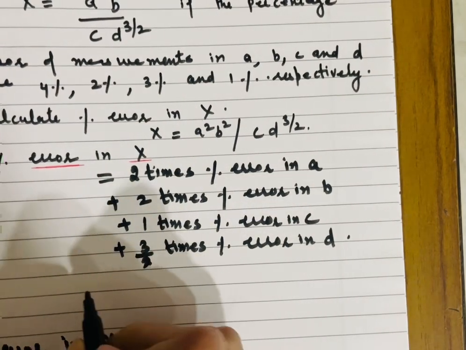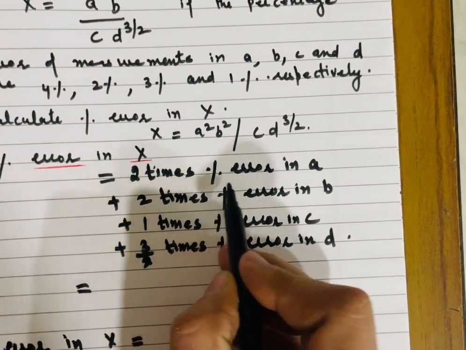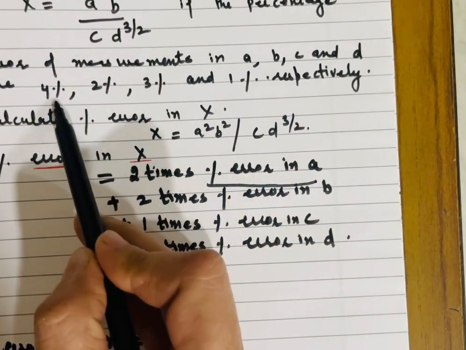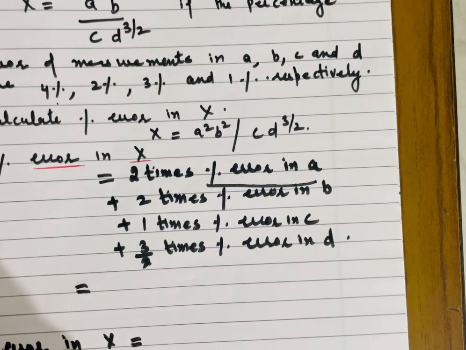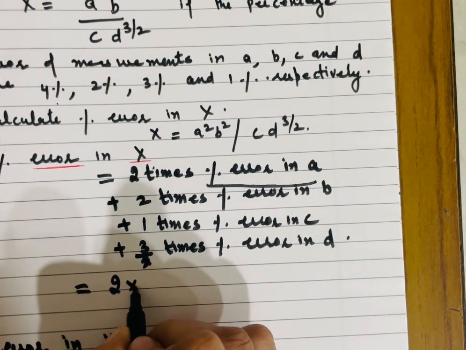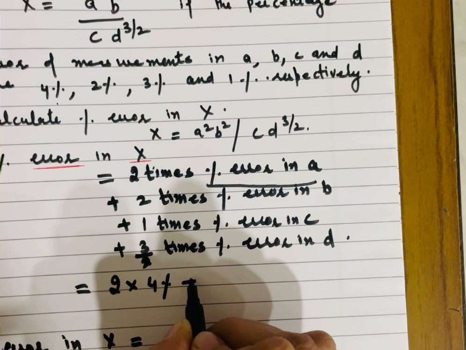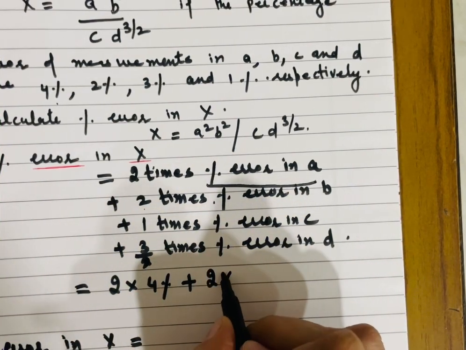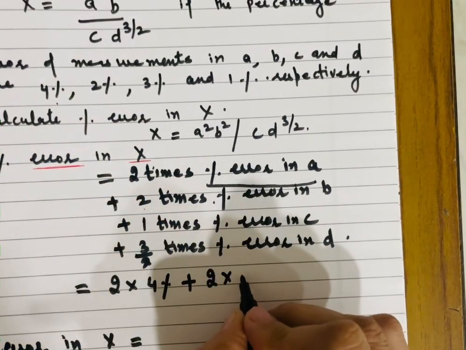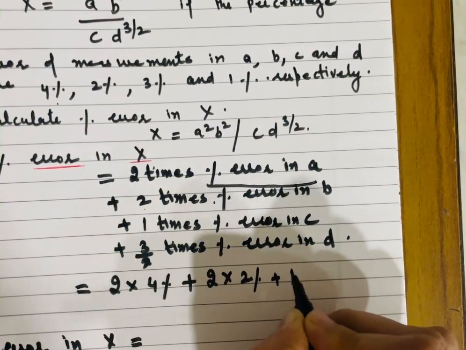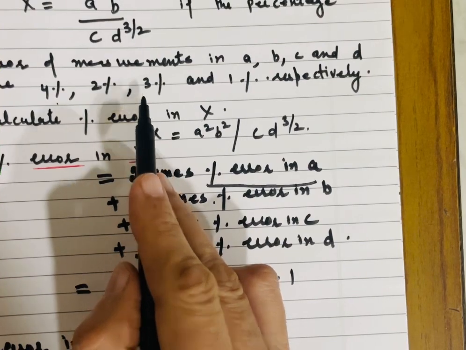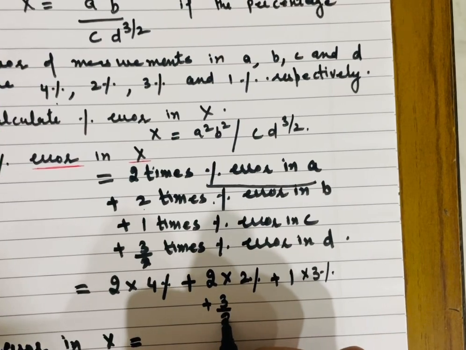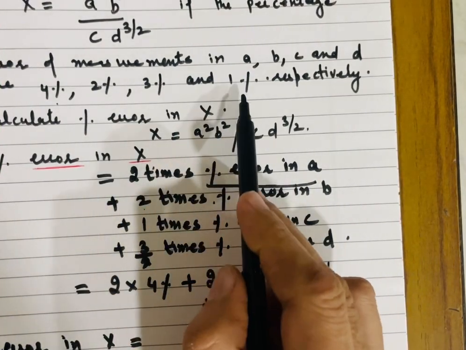Now this will be equal to 2 times the percentage error in A, and the percentage error in A given to us is 4%. So this will be 2 into 4% plus 2 times the percentage error in B, that is 2 into 2%, then 1 times 3% in C, plus 3 by 2 times the percentage error in D, and that is 1%.